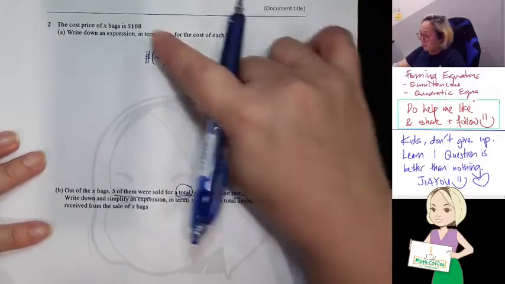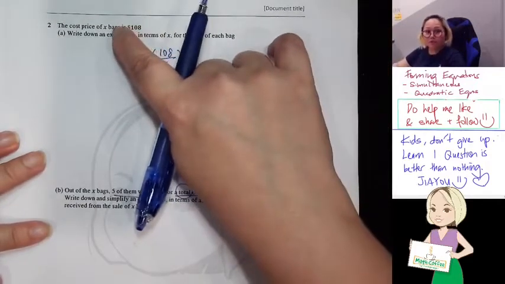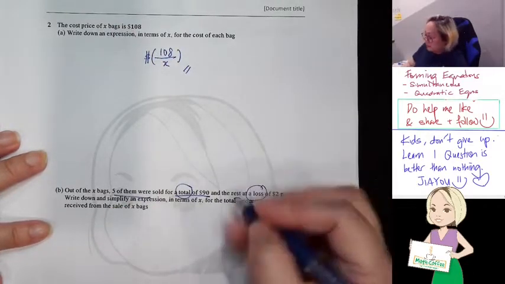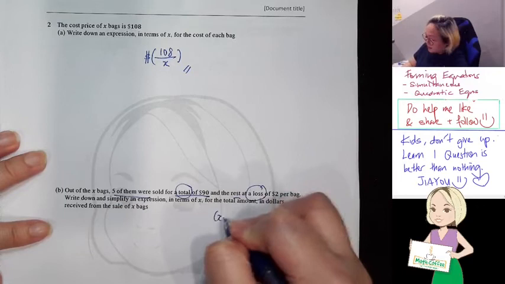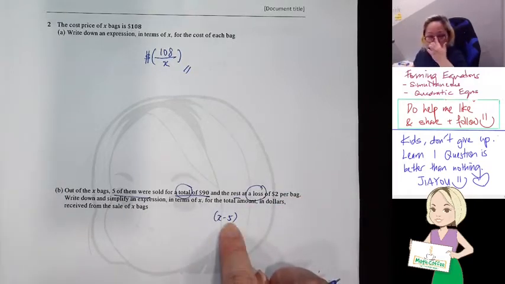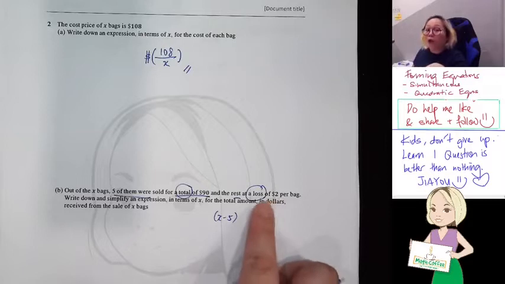You have x number of bags. If you already sold 5, that means the balance remaining bags is x minus 5. These x minus 5 bags are sold at a loss of $2 per bag.